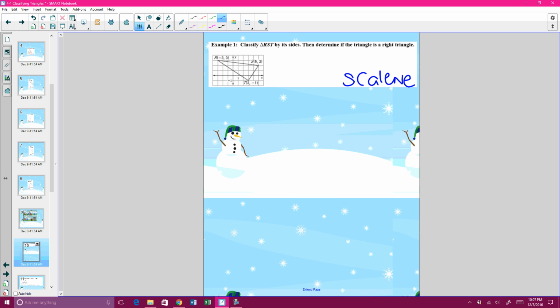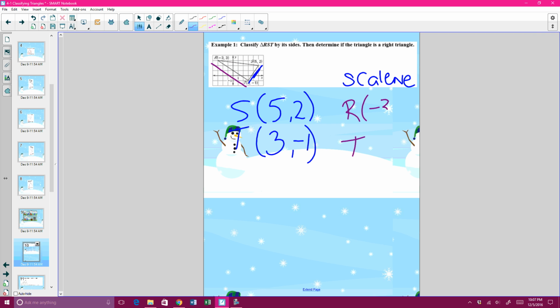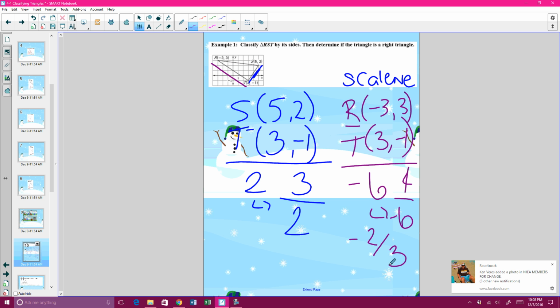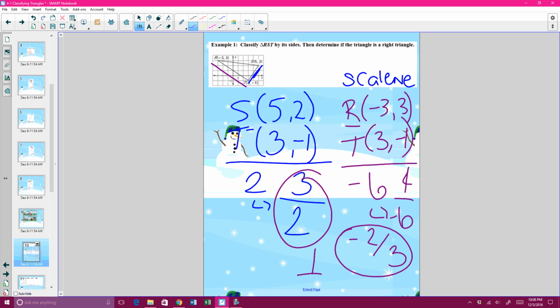So let's go ahead and test out the ones that actually look like they could be perpendicular, which would be this from S to T and from R to T. Since these are opposite reciprocals, they are perpendicular, so this would be a right scalene triangle.